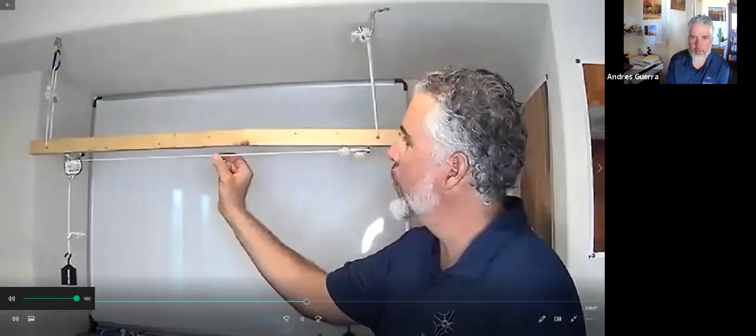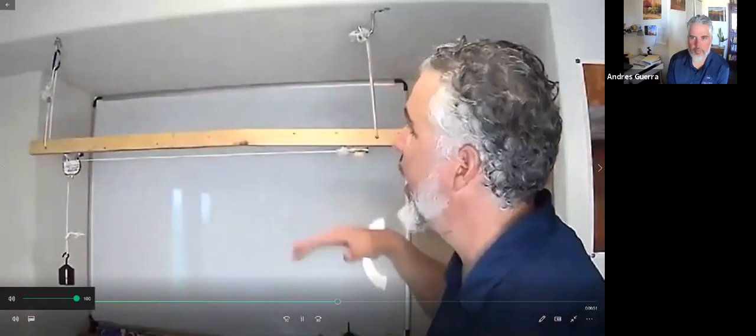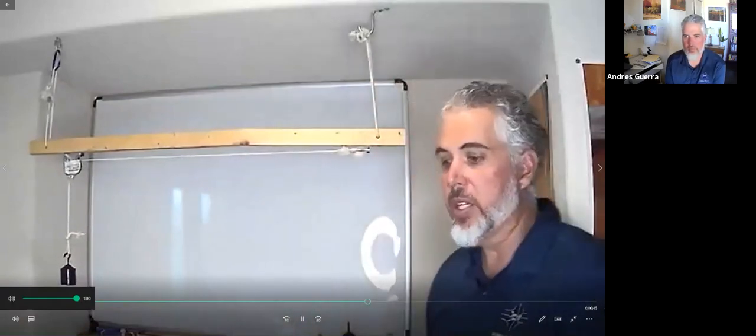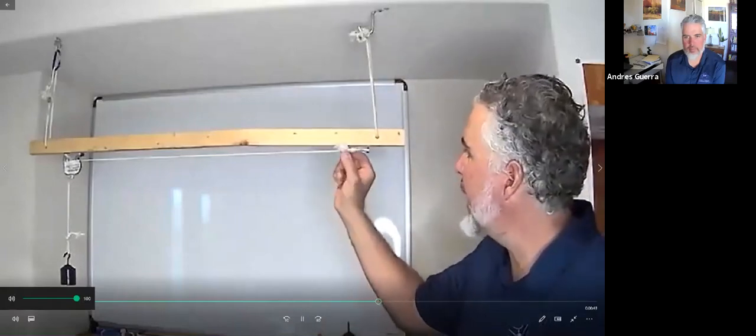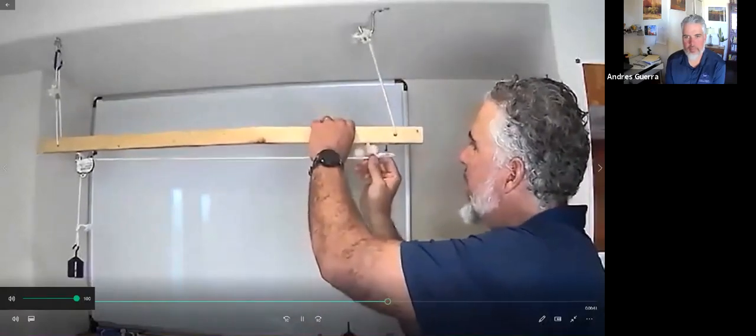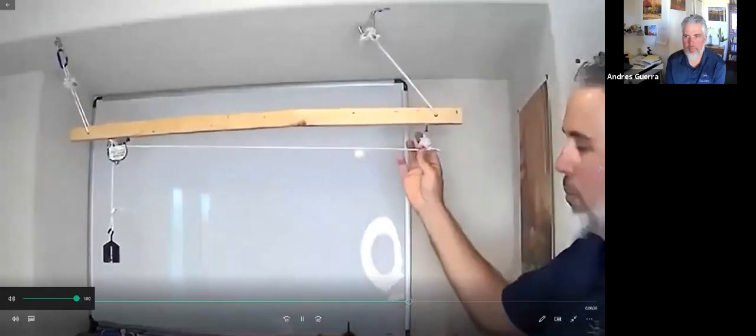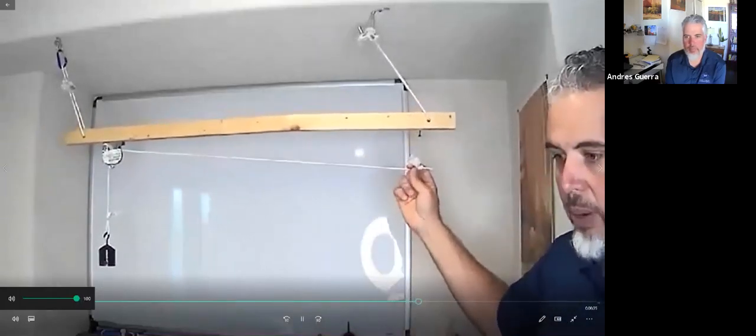And so if we drew an FBD of this thing and we cut through this and we cut through this and we included the mass there, then we would not have any horizontal forces because those horizontal forces would be internal. Now, if I take this off of the board, let's say this rope here is connected maybe over to the wall, or really it's connected to my hand right now.